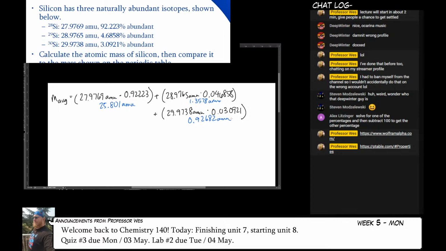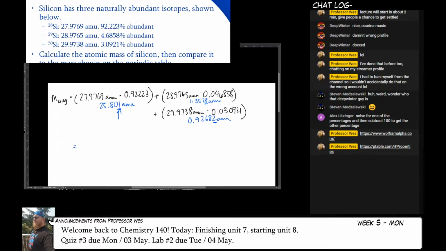Okay. Now we just add all those together. This number will go to the thousandths, so this is going to be the place that we round to. When I punch all these into the calculator, of course, I got to punch them in correctly. Oops, 357, that's not 7, plus 0.92682.